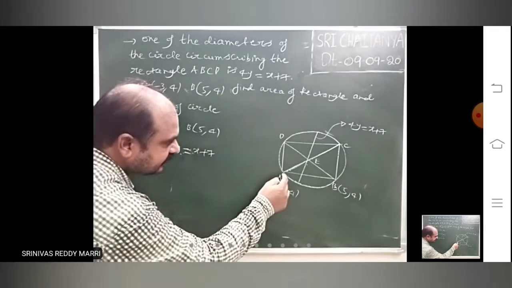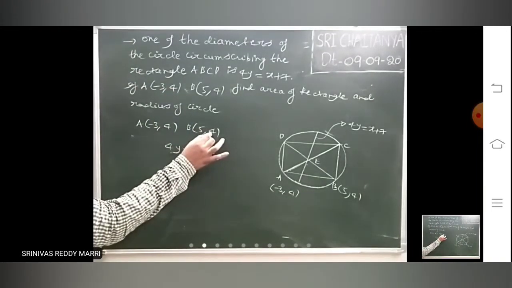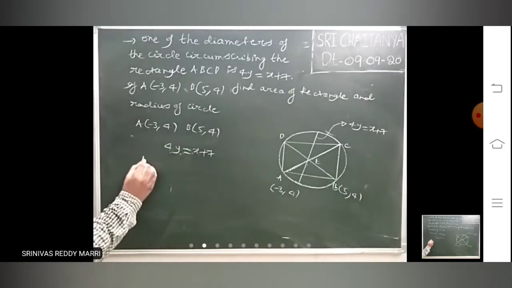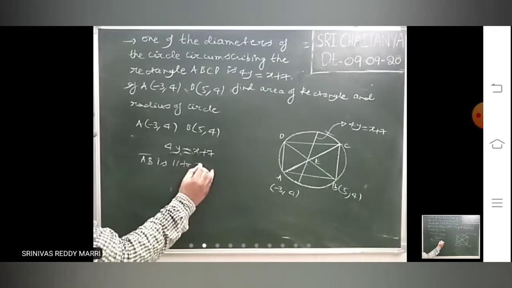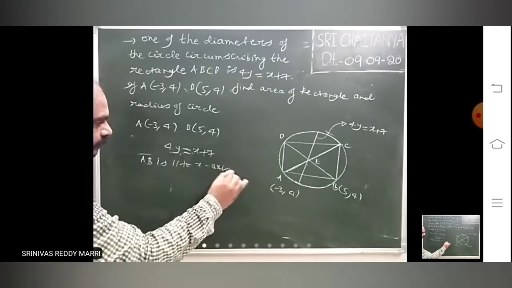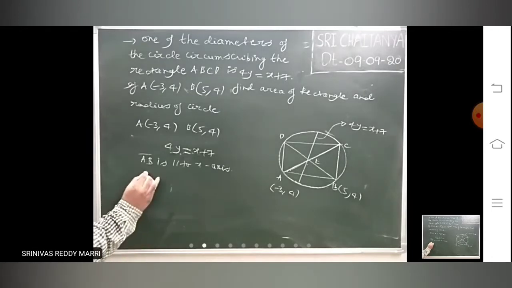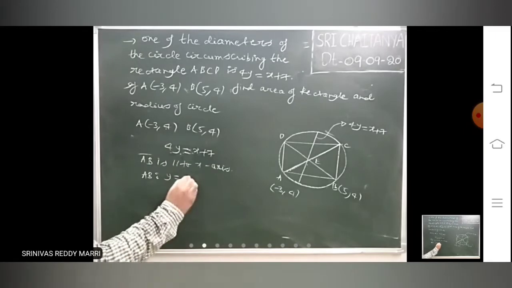Another observation: if you look at AB, the y coordinates are same. That means AB is parallel to the x-axis. So what is the equation of AB? The y coordinate is 4, so y equal to 4.